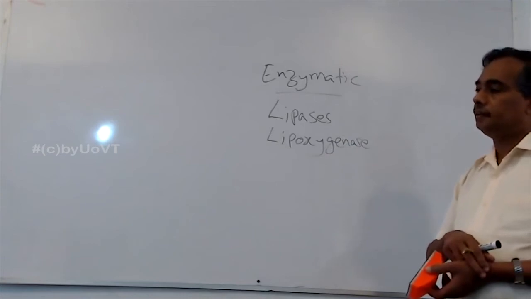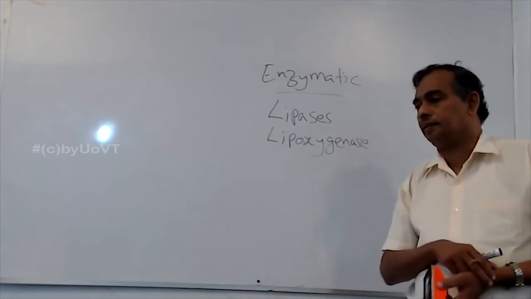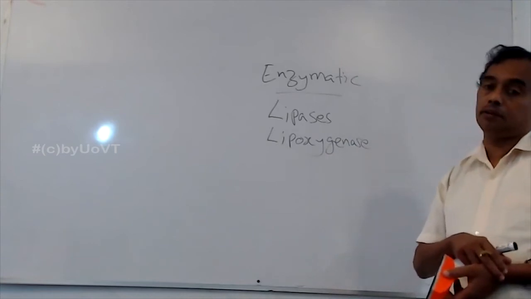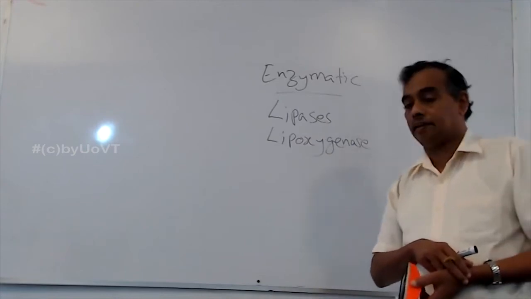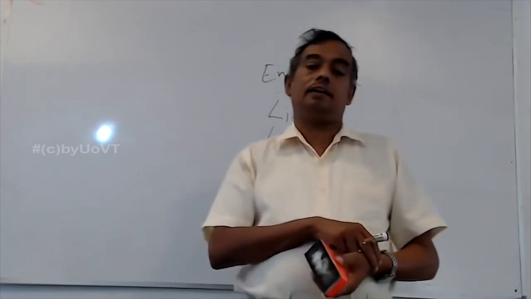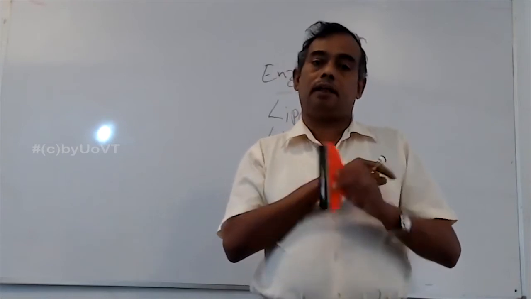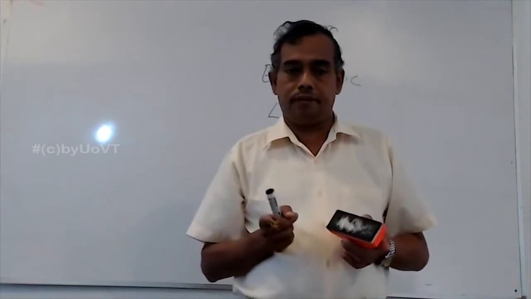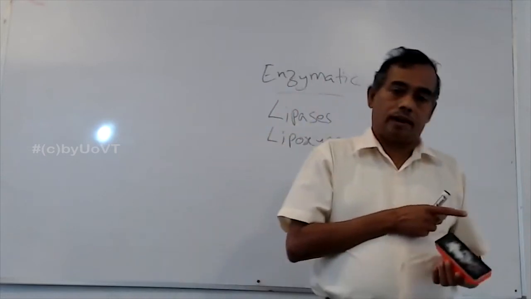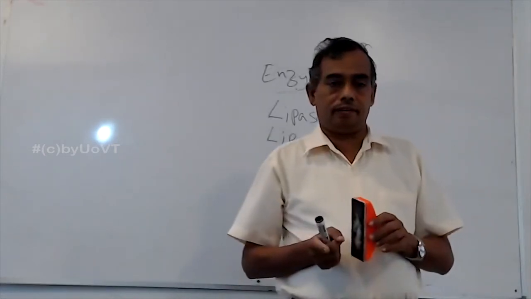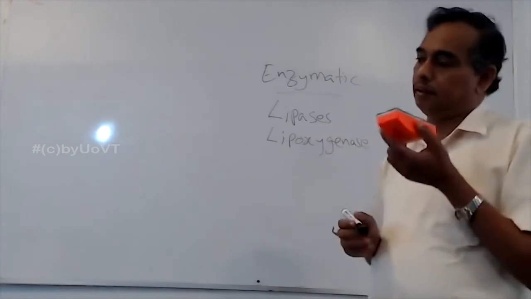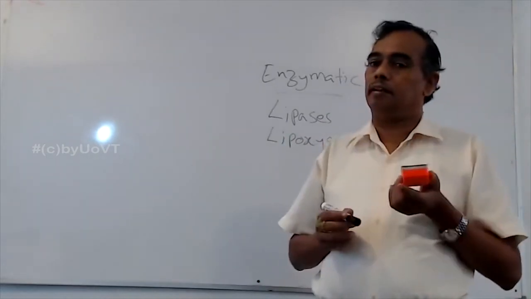When an enzyme interacts with the ester linkage, because we know fats are esters, the ester very easily breaks into two compounds: one is glycerol, the other one is a fatty acid. Last session I explained what fat is.